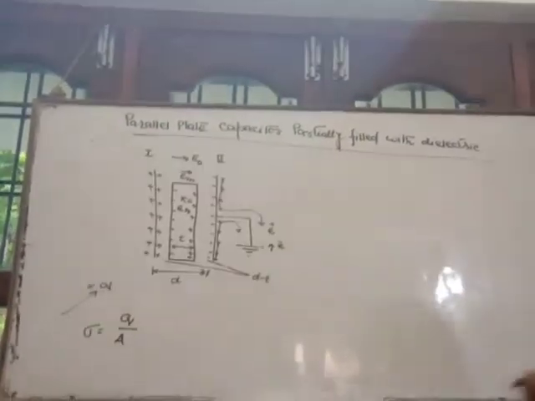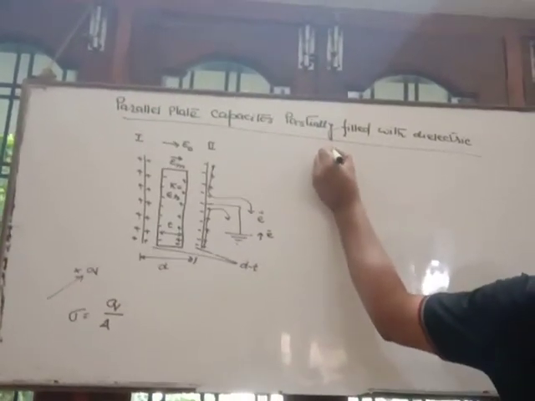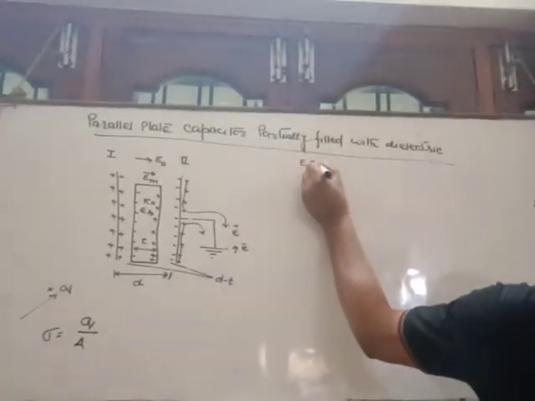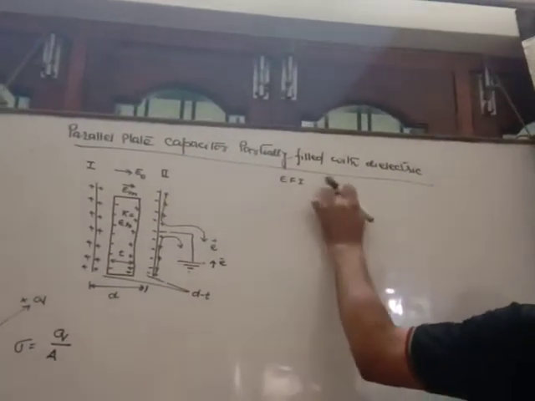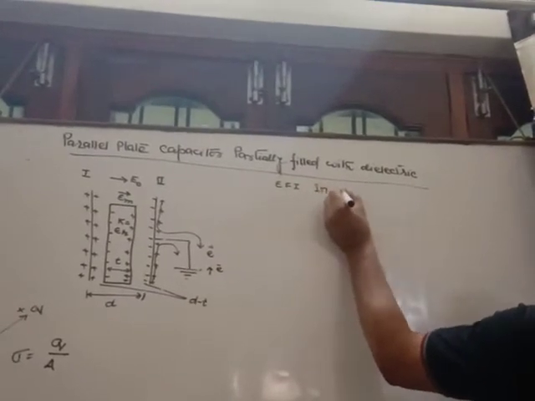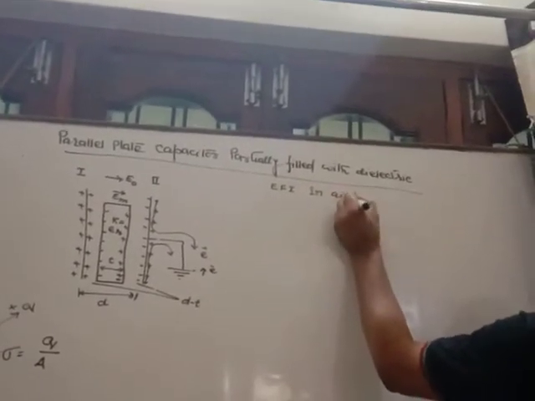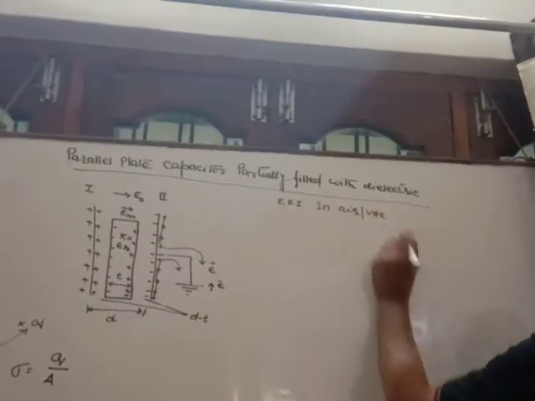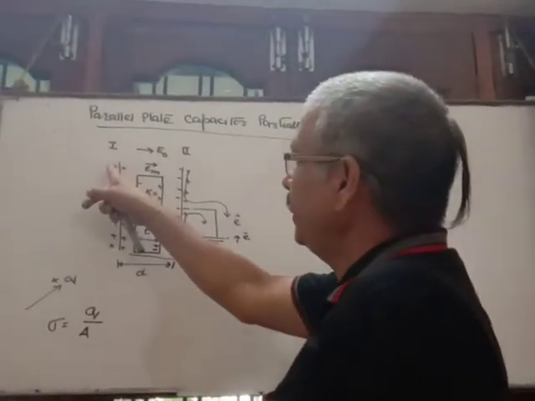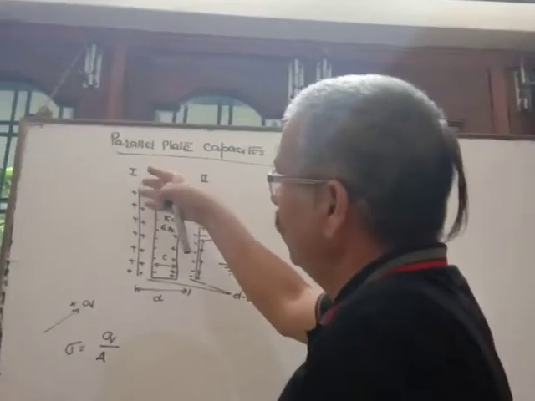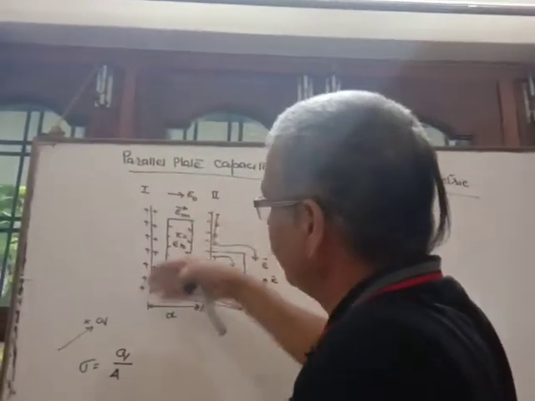So let's see the electric field intensity in air or vacuum. See here, we have two plates, one is positive and another is negative.